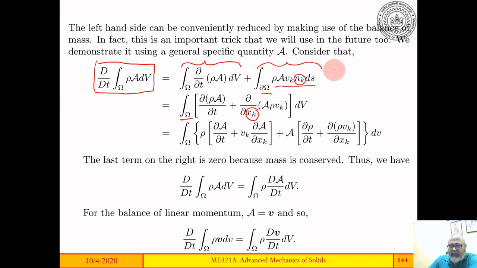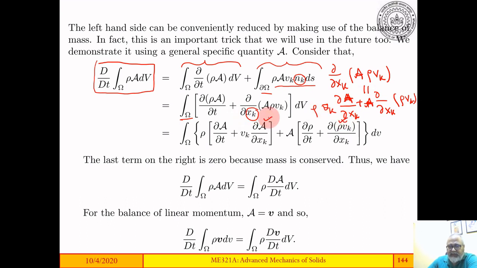So del xk of A rho vk will lead to del A del xk, with rho vk constant, plus del xk of rho vk with the fancy A constant. So it can be broken into two parts.